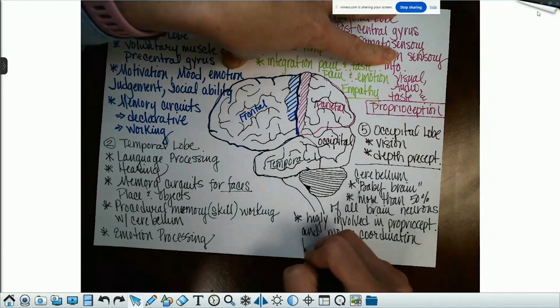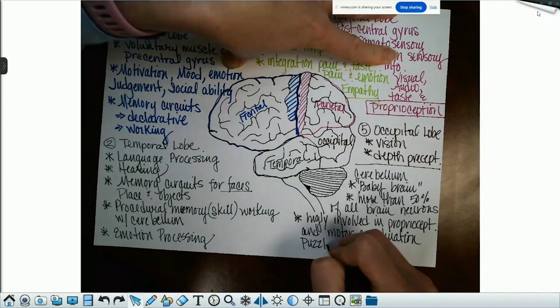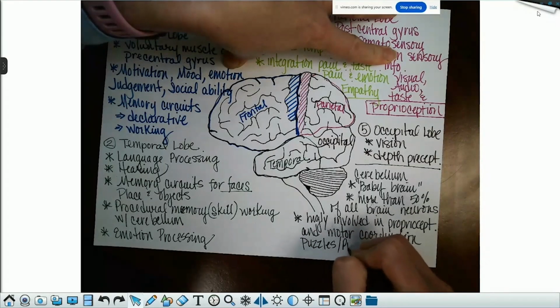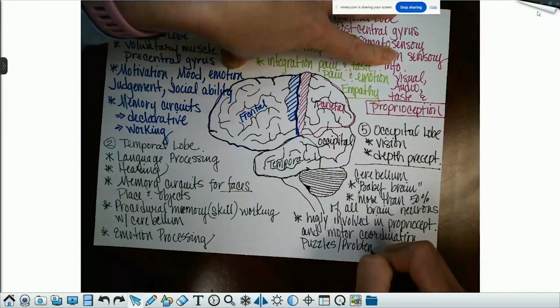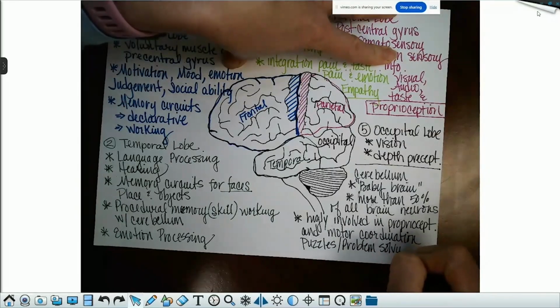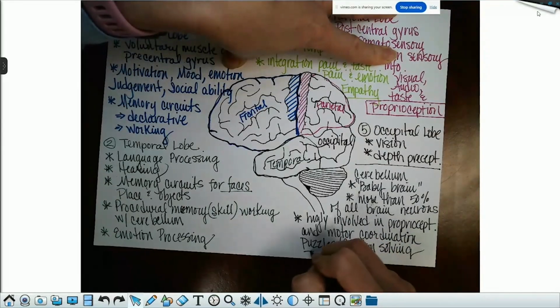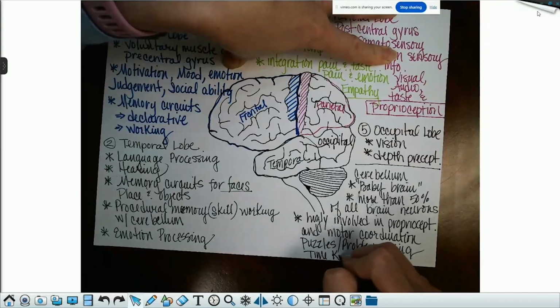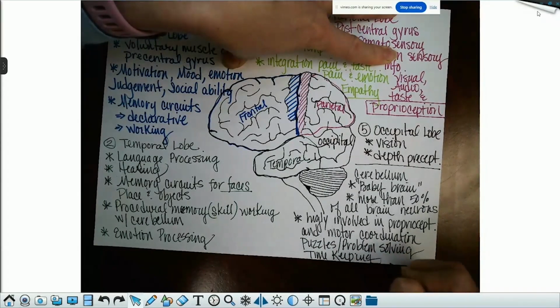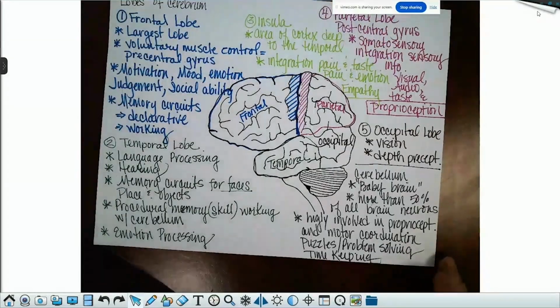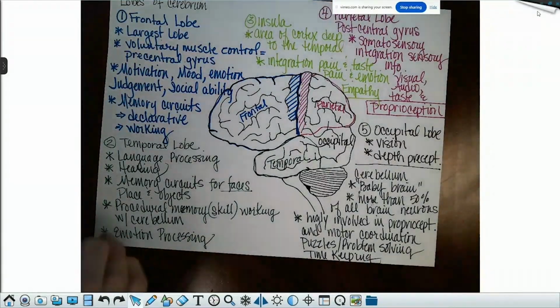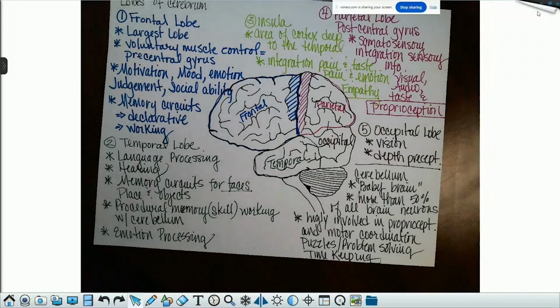It's involved in solving puzzles or problem solving, and timekeeping. So your ability to think about how much time has passed, like how long has it taken for us to get through these 5 lobes plus the cerebellum. I'm guessing probably about 20 minutes.